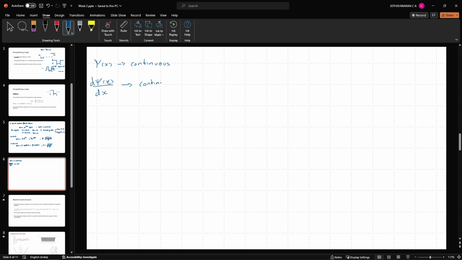So these are the two conditions that need to be obeyed.